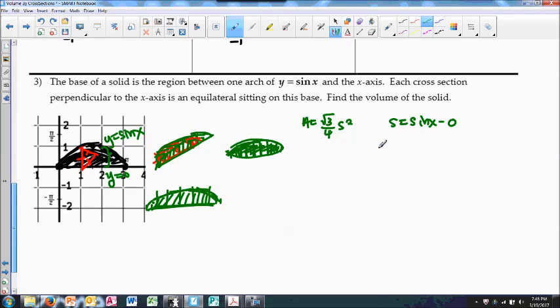So that means my area is √3/4 sine squared x. So my volume, I can factor out the √3/4. We're integrating from x is 0 to x is pi, and we're integrating the function sine squared of x dx.